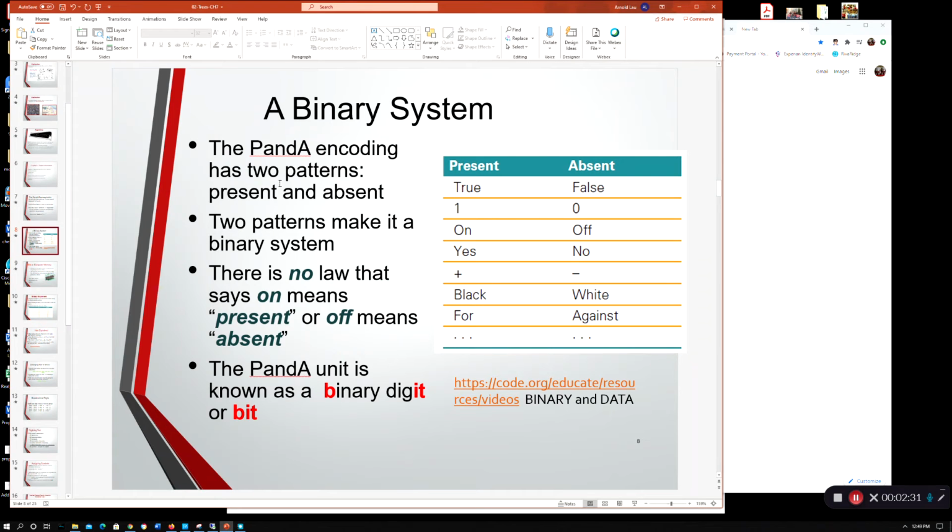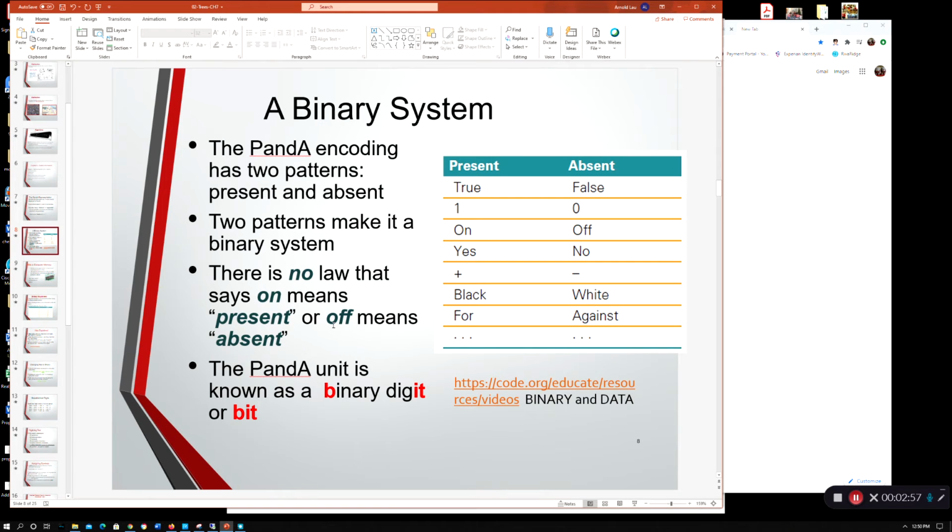So this covers a little bit more about binary. It could be anything, right? Over here on the right, you can see it could be true, false, 1, 0, on, off, yes, no, plus, minus. Basically two distinct opposite things that you can use to represent your two states, presence and absence.